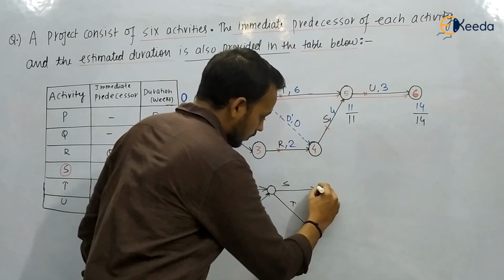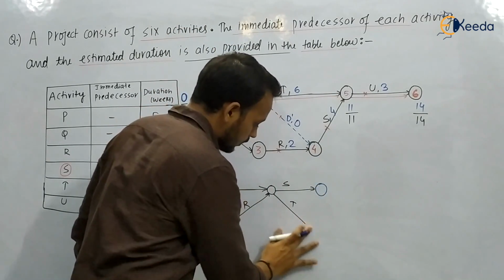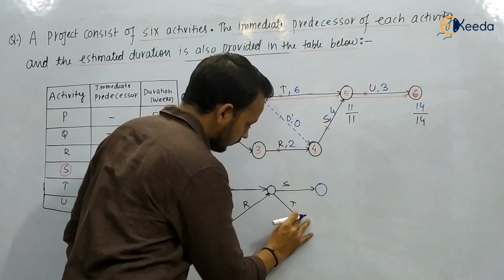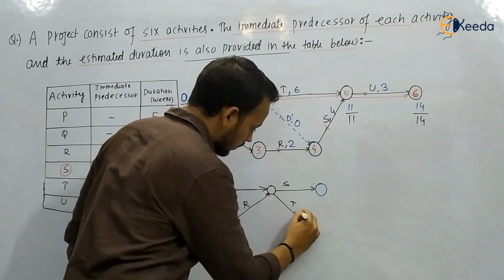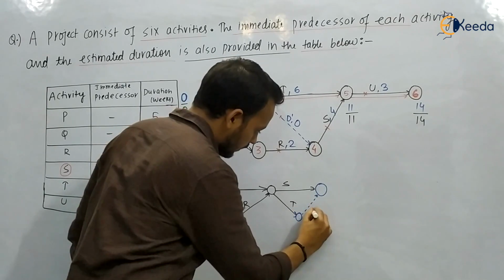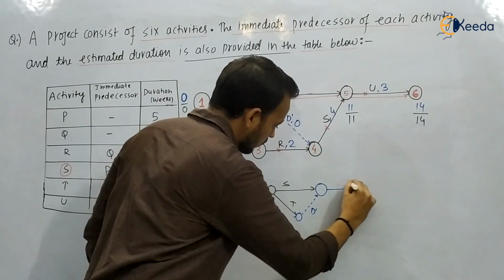So they just draw a dummy, D dash. Now this is U.